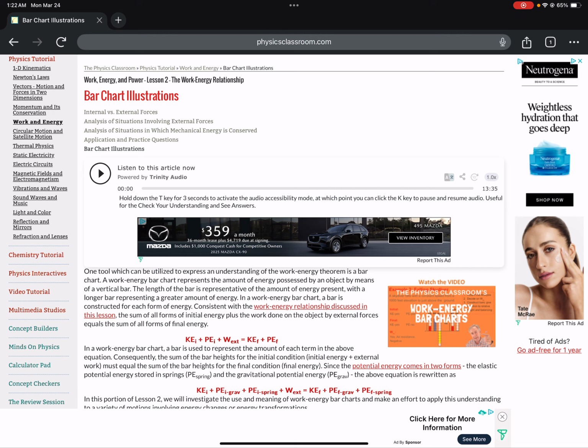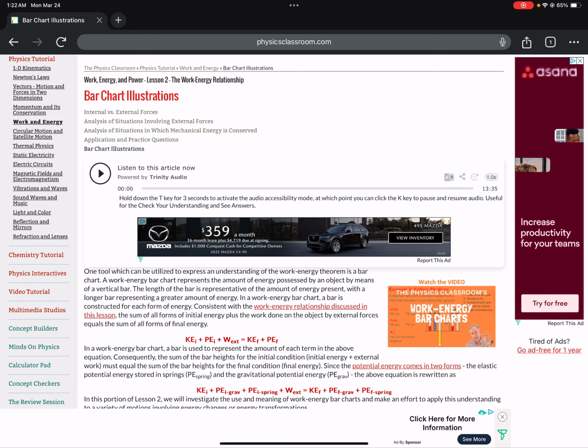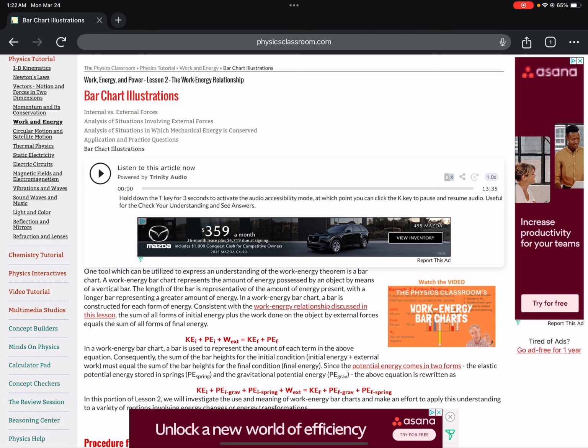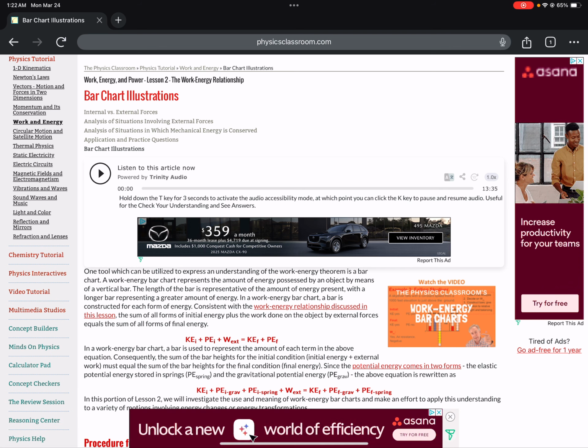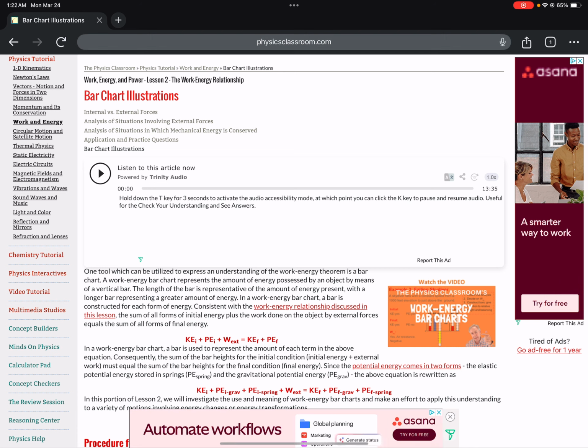So anyways, the bar chart illustrations, I would say the most important thing to remember when you're looking at a problem that involves the bar charts is, it's just like how you would approach a normal conservation of energy problem. But something that's unique to the bar charts is showing the relative size of how the energy is distributed.